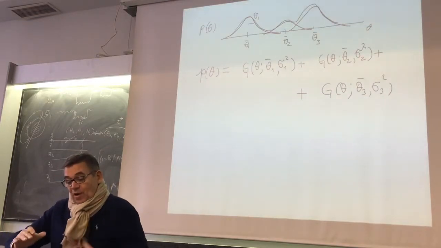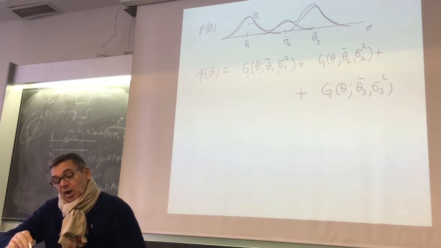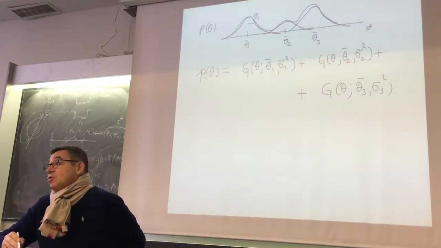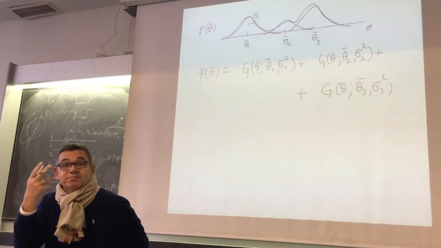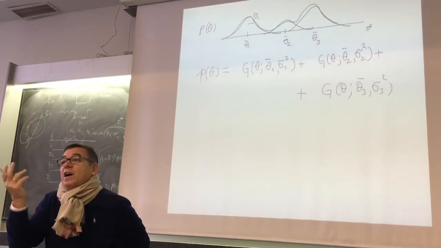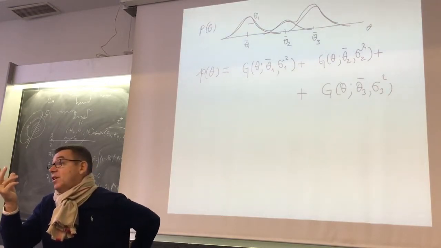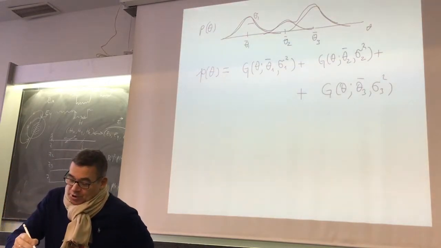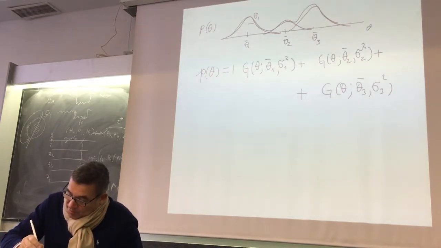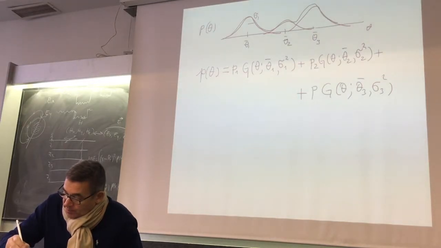Now, these are sums of Gaussians. Since the integral of each of the Gaussians is 1, if I sum the 3 Gaussians, the integral will be 3. Okay? Because I'm summing these 3 functions that have the integral equal to 1. So in order to compensate, to cope with that, I introduce a parameter which is P1, P2, P3.